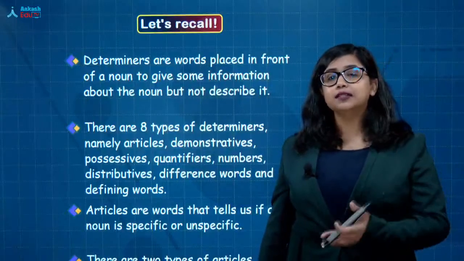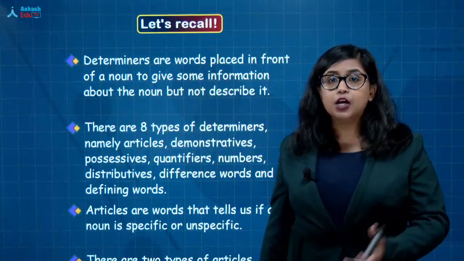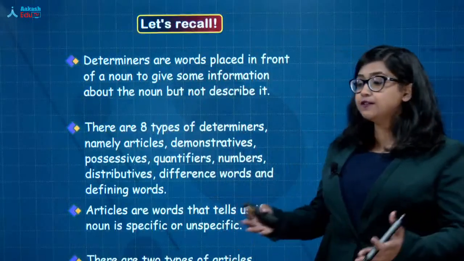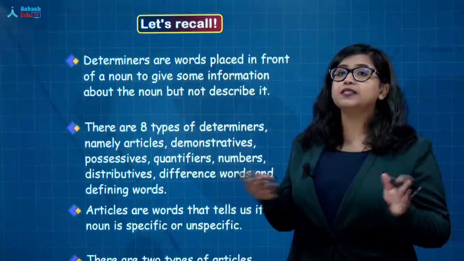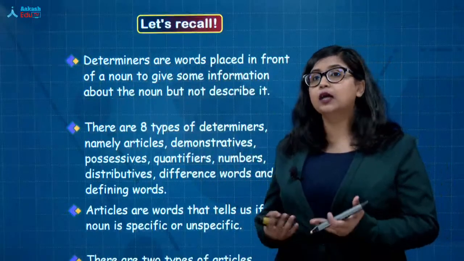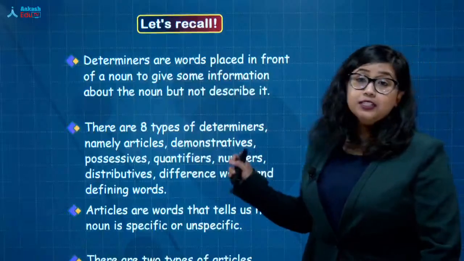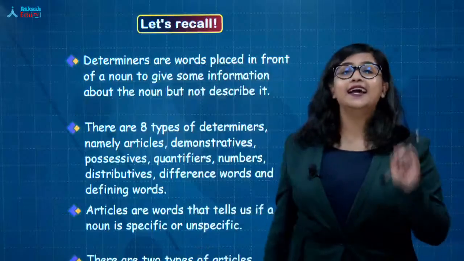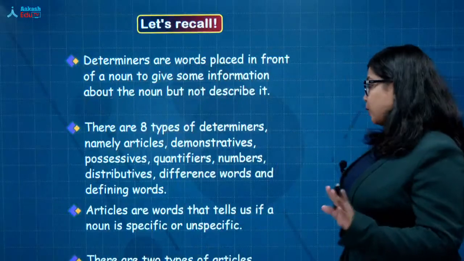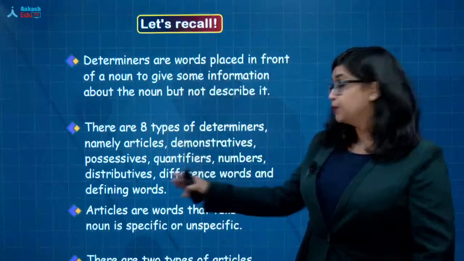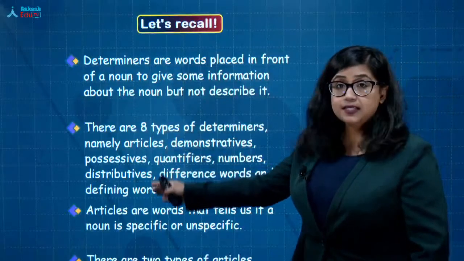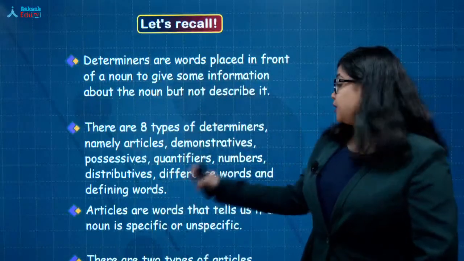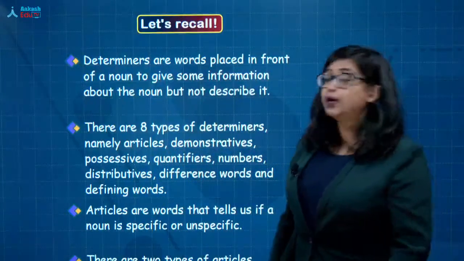If you remember, in the last class I told you that there are 8 types of determiners. What are they? You have your articles, demonstratives, possessives, quantifiers, numbers, distributives, different words, and then defining words.